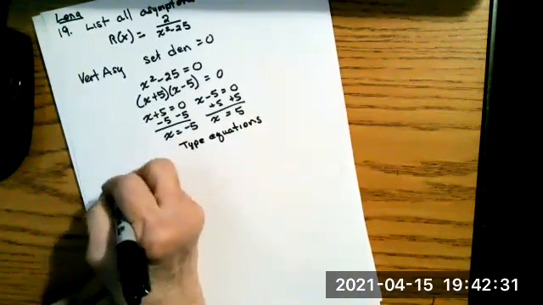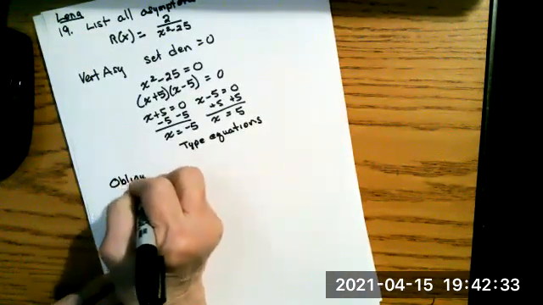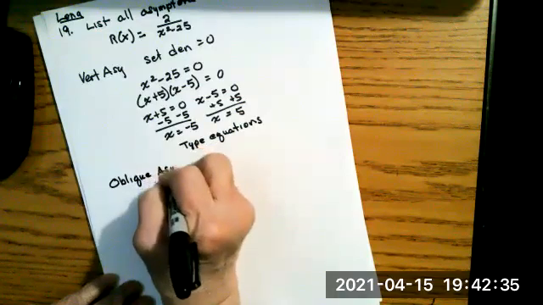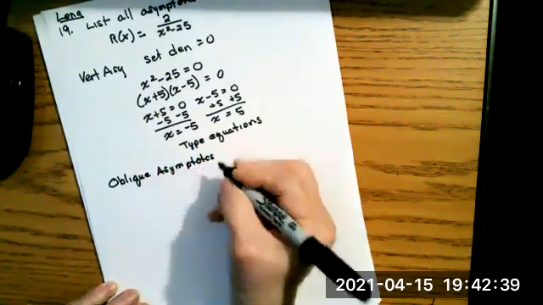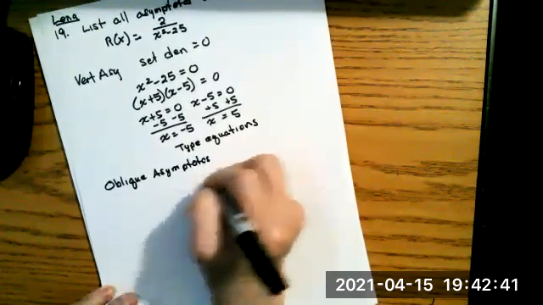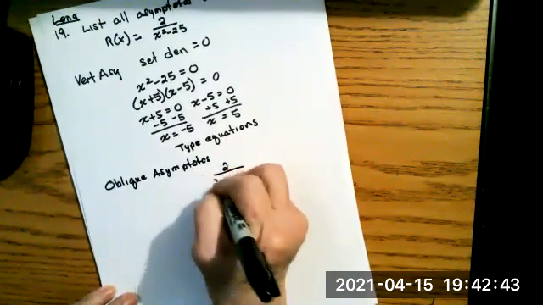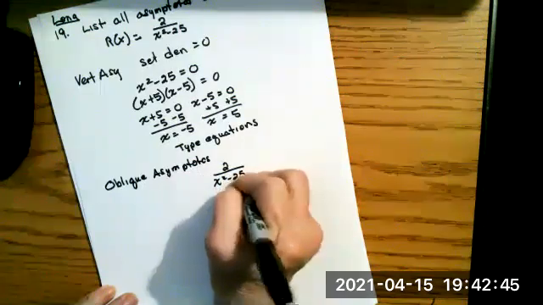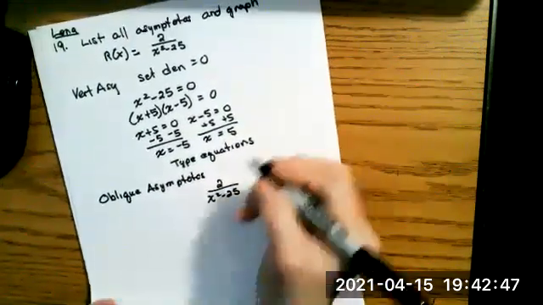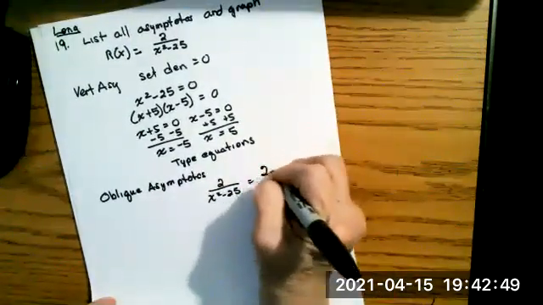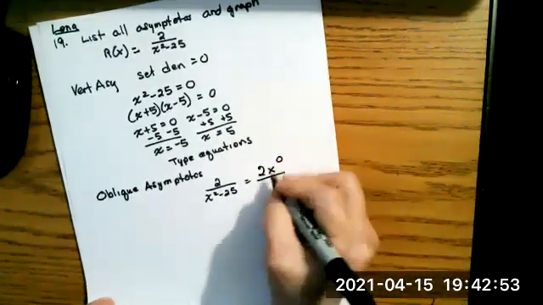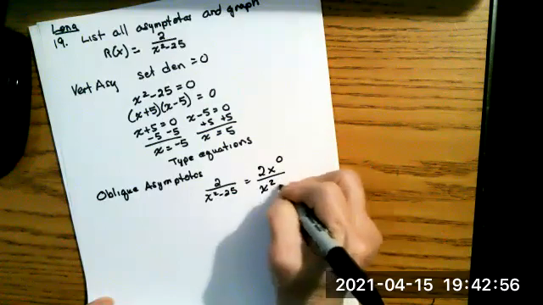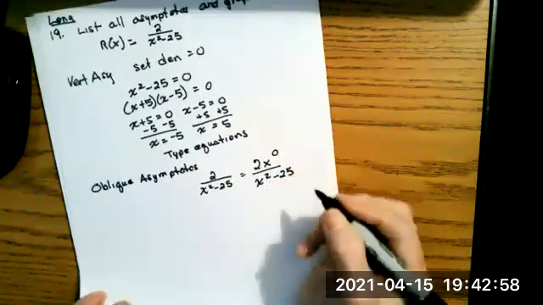Okay, they ask for oblique for the next one. So let's check this out. We have 2 over x squared minus 25. What you want to do on this is make that 2x to the 0. Add that x to the 0 on the top. In the bottom, we have x squared minus 25.